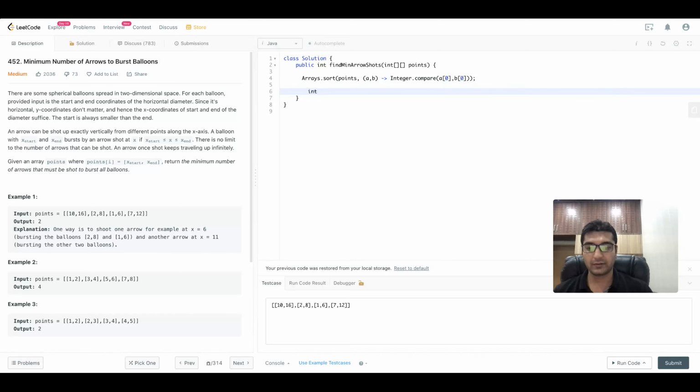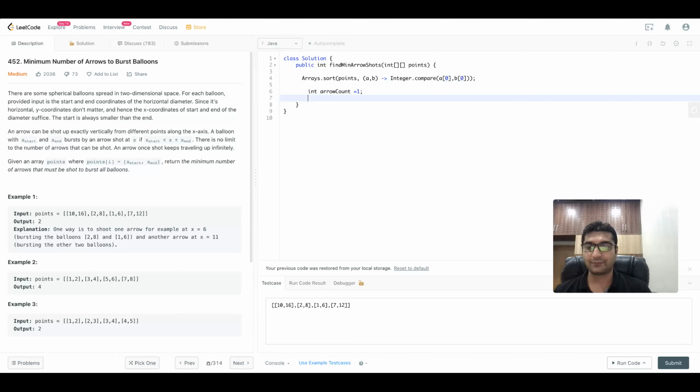Next, we are taking arrow count as 1, because when we start to iterate over the loop, we'll increment by 1 whenever the next start coordinate is greater than the present end coordinate.